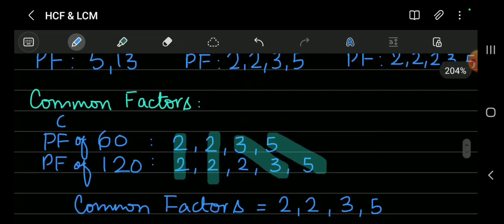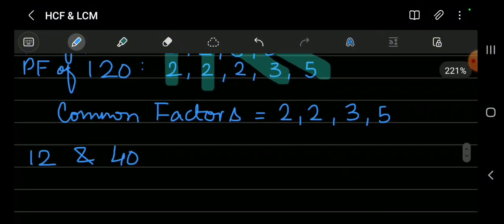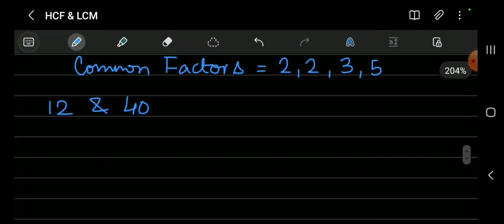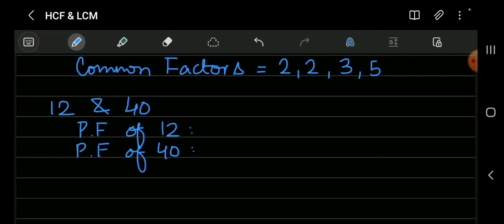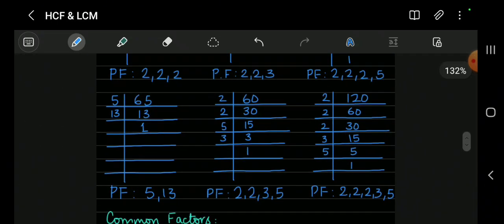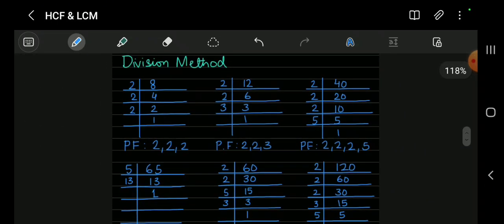Here was a comparison between 60 and 120, now we are comparing 12 and 40. So first write the prime factors of each. You can find them by any method. The prime factors of 12 are 2, 2 and 3.